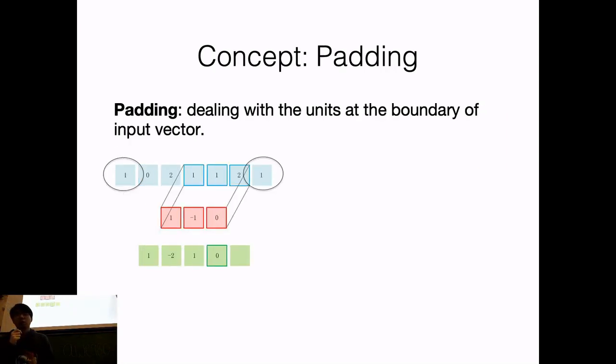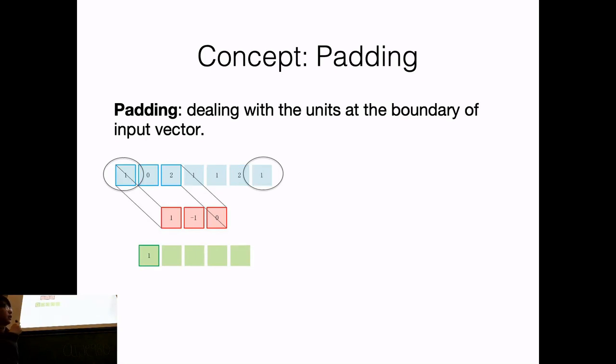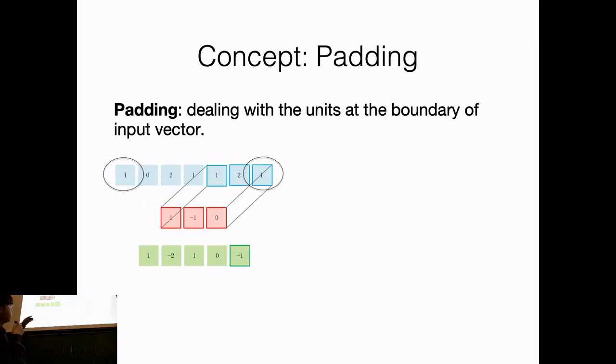Another concept here we call padding. So previously we used the figure to illustrate the convolution process, and you will find there is a problem in this figure. That is, the output vector's length is less than the input vector's length.